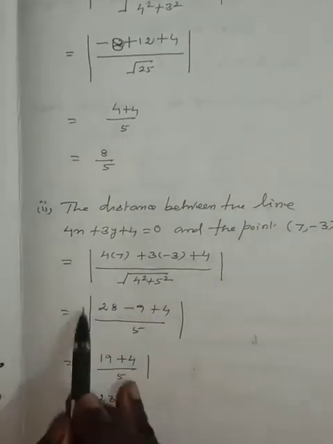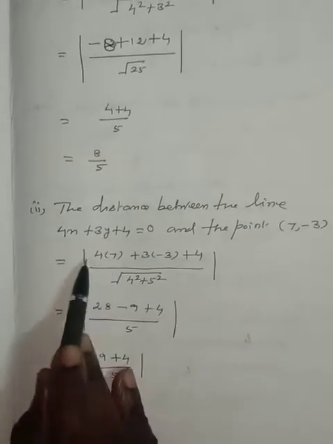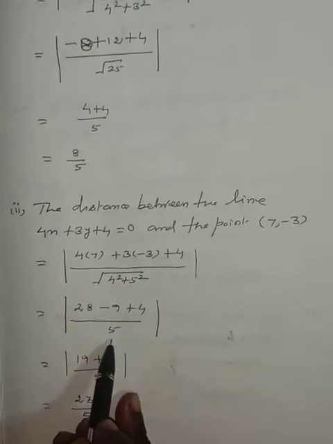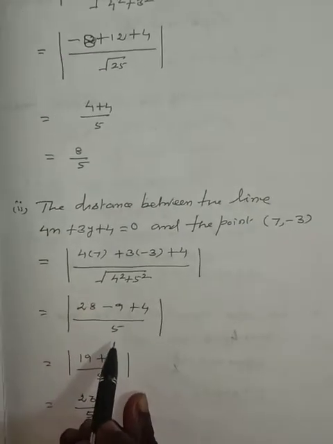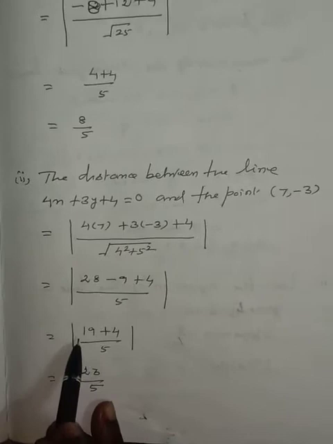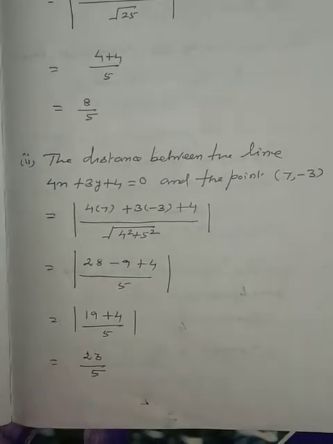So the modulus of 4 7s are 28, 28 minus 9 plus 4 whole divided by square root of 25, 25 means 5. Next, modulus of 19 plus 4 whole divided by 5. So 19 plus 4 is 23, 23 divided by 5.